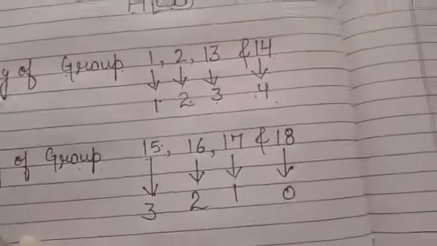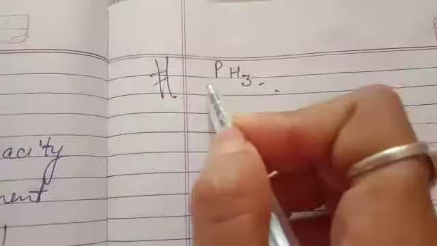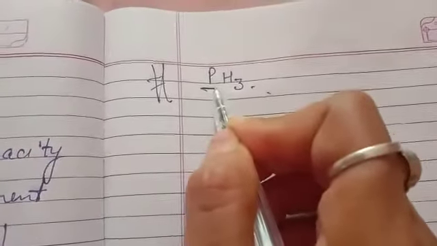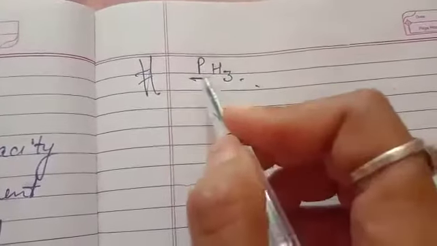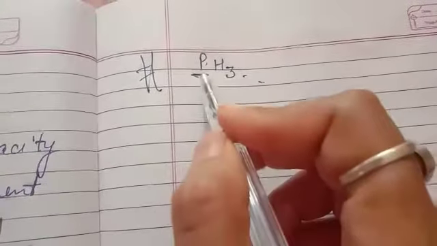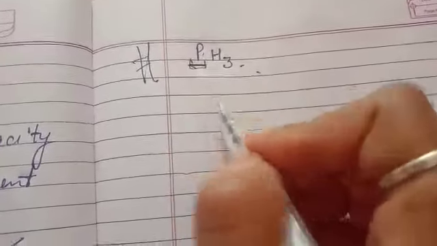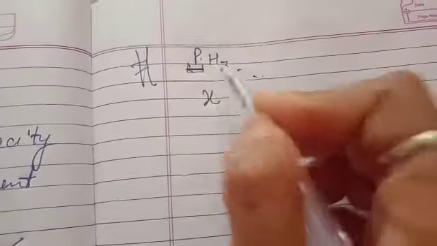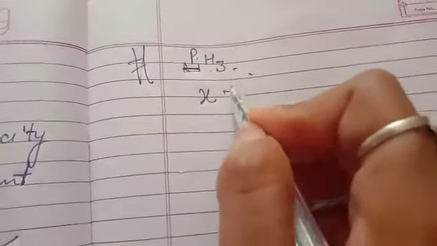Okay, now how to find it? For example, we have PH3 and we have to find the valency of P, phosphorus. How will we find it, beta? Consider the one we have to find, write it X, and next is plus.